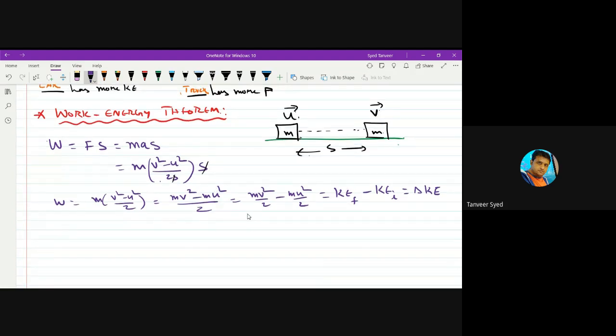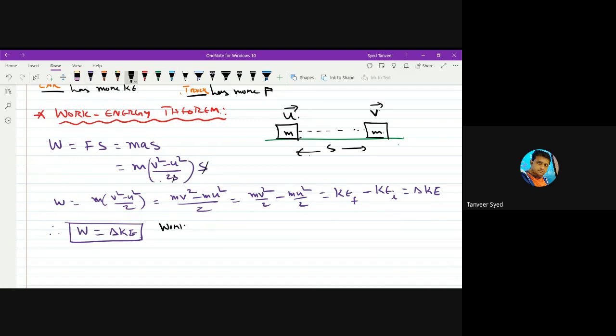So finally, what can we say? Work done on a body is equal to change in its kinetic energy. This is the relation between work and energy, and we call this the work energy theorem.